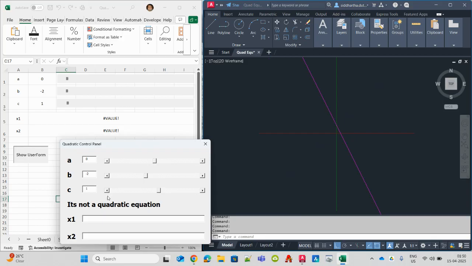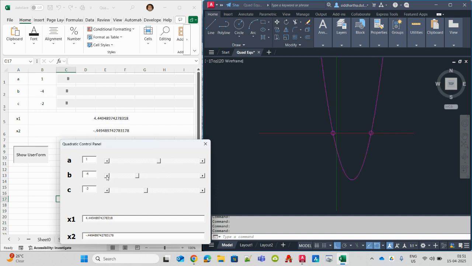Keeping the slope the same, if we change c, which is the y-intercept, it just moves up and down. So a quadratic equation becomes a linear equation when a is 0, but when a is not 0, it becomes a quadratic equation. At different combinations of a, b, c, we have either two real roots, or one single real root, or two complex roots.